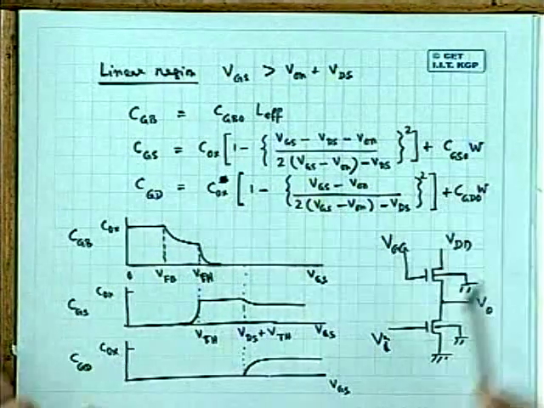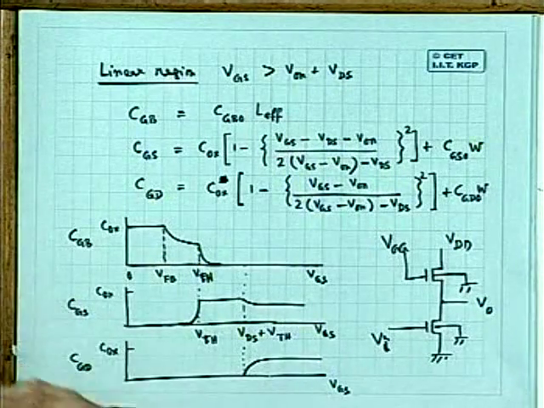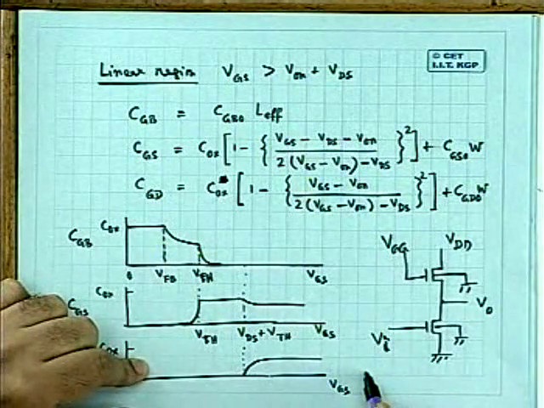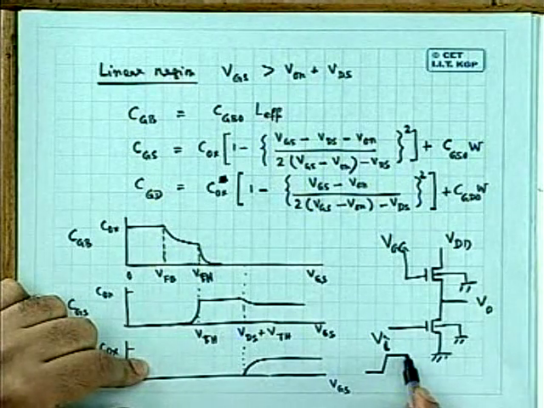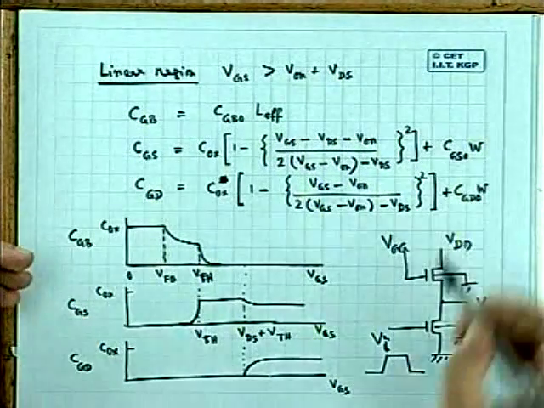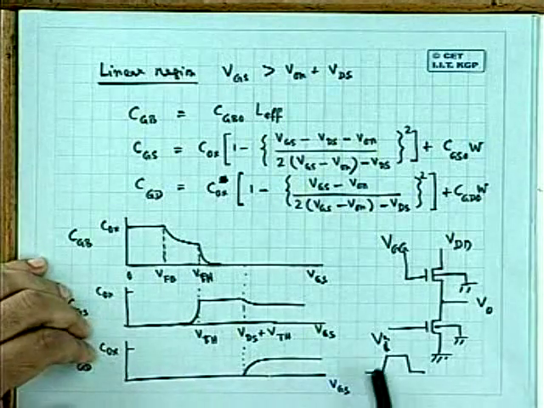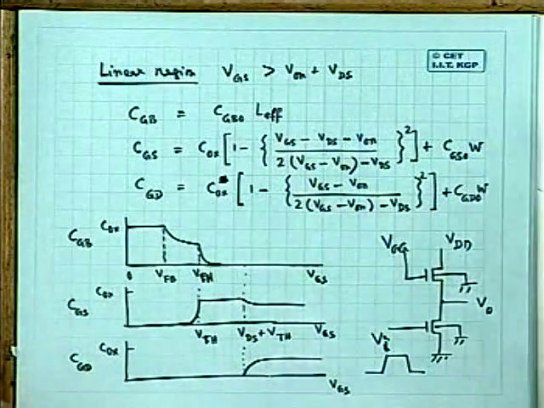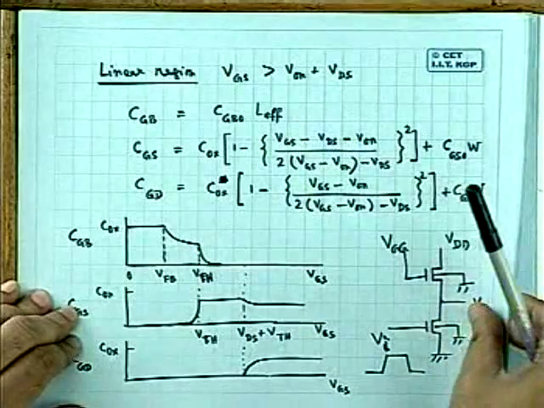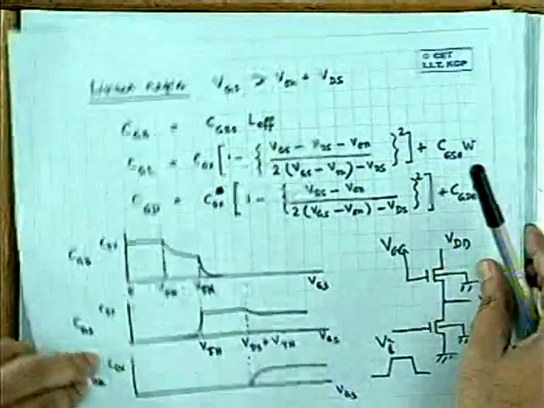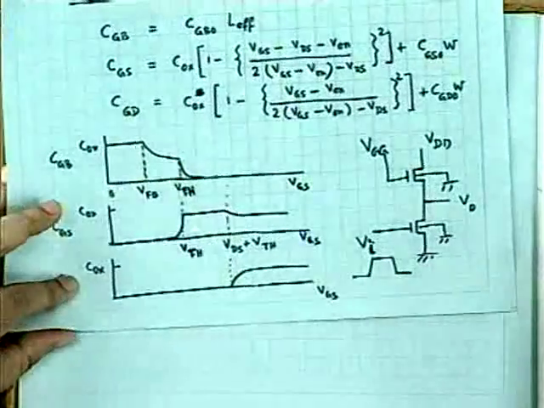Now suppose I assume that Vi is a particular waveform, not a sharp one. It may be a ramp type, that is a sweep type, or it may be a slowly changing type. It depends on you. You apply some time varying input.